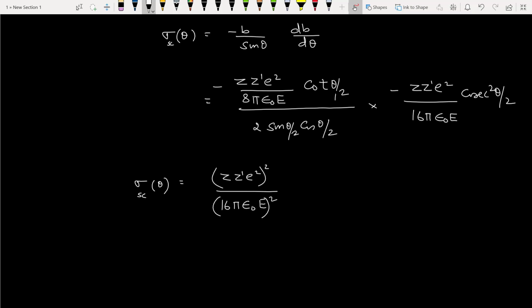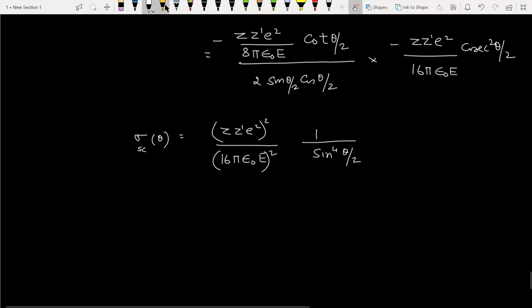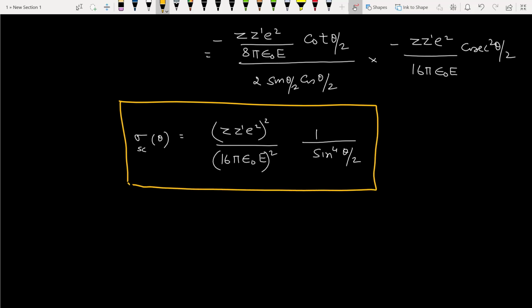Because this cot theta can be written as cos theta by sine theta, cos theta will cancel out, sine theta will remain, so it will be 1 over sine raised to power 4 theta by 2. So this is the very important Rutherford scattering cross section. And what you get here is that the scattering cross section is inversely proportional to sine to the power 4 theta by 2. So this is a very important result.